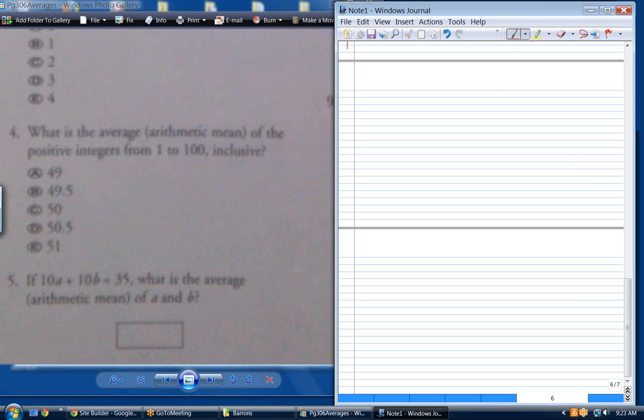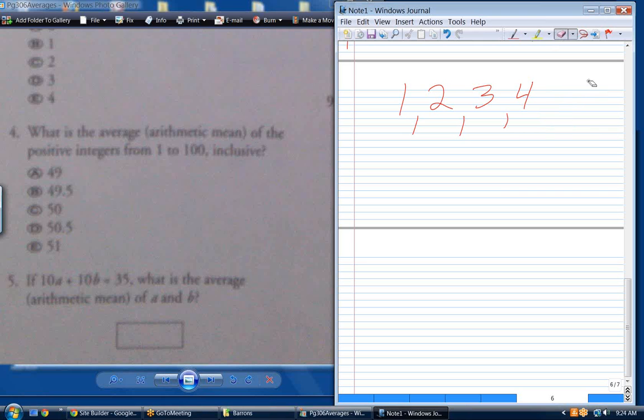Now, there are formulas for adding up arithmetic sums, but I don't want to go into that. I don't think you need to memorize those. However, finding the average between an odd or an even number of consecutive numbers: first of all, let's talk about 5, an odd number of numbers. What's the average between these 5 numbers? 3. Okay.